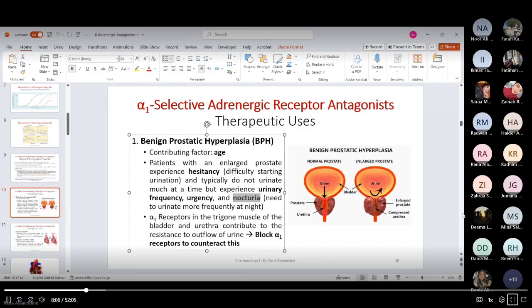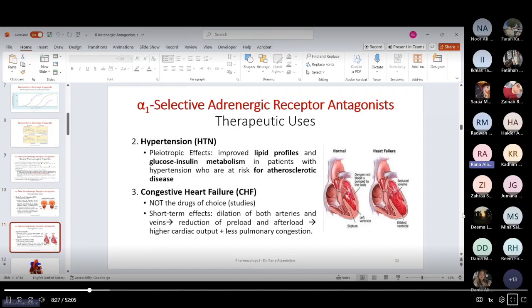Okay. Now, because the prostate gland and the urinary system are all muscles, in order to relax them, we need to block alpha-1 receptors. So this is the first use for alpha-1 selective receptor antagonists, and this is the major use.